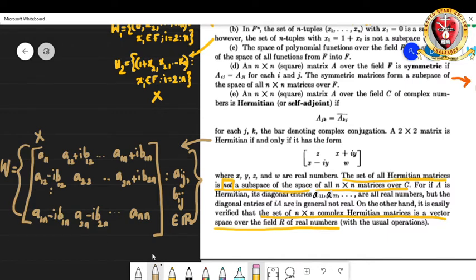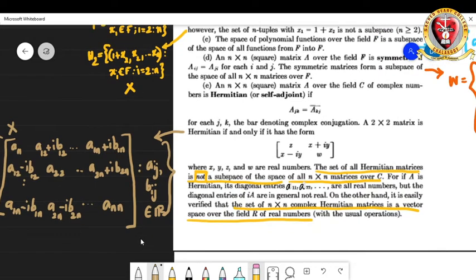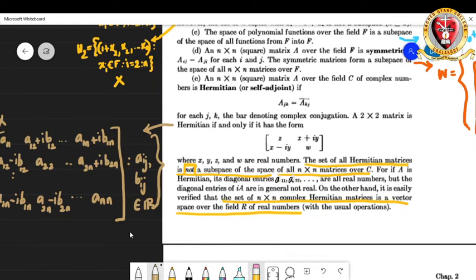Suppose A is Hermitian. We know that the diagonal entries will be real numbers. Now, since we are dealing with matrices over C, the field F is the set of all complex numbers.